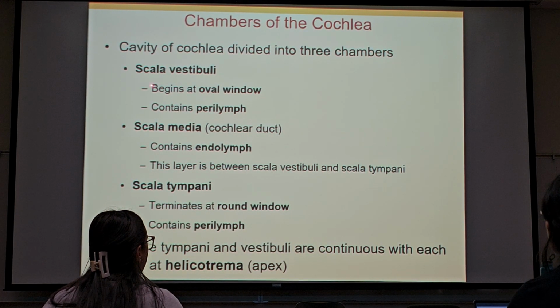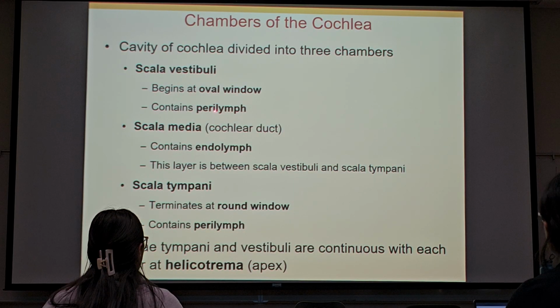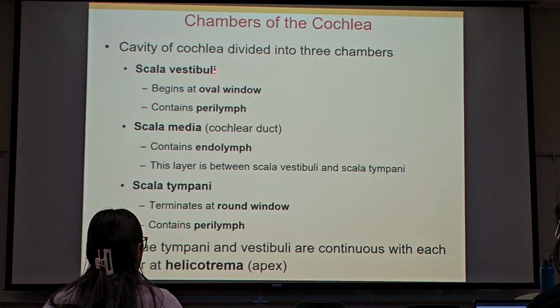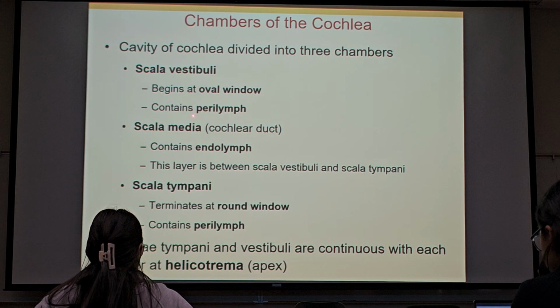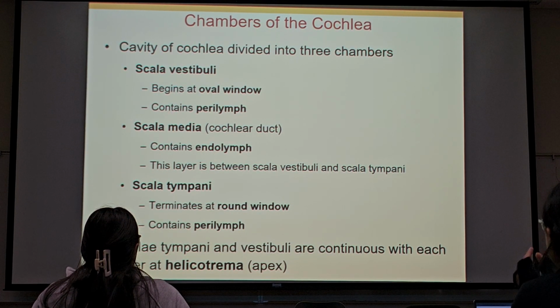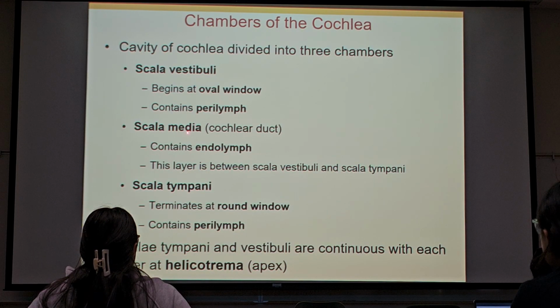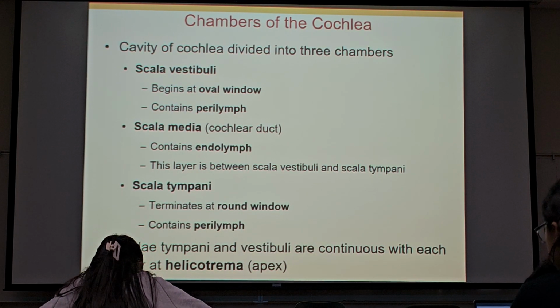Inside of scala vestibuli, this chamber is perilymph. Then we have scala media. Okay, so I'm going to take that back. All of this is not membranous labyrinth. This perilymph is surrounded by bone, scala vestibuli, the bony labyrinth. Then we have the scala media, also called the cochlear duct.